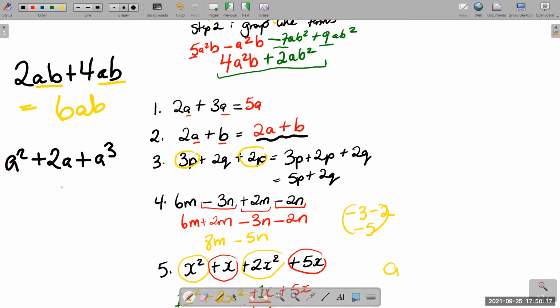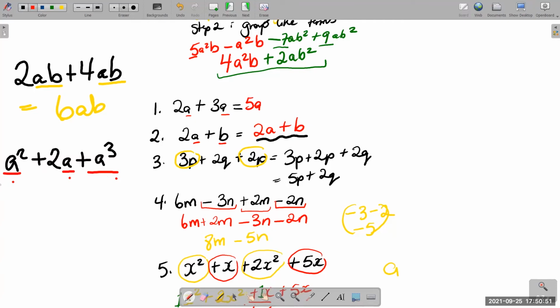T, what you think? You cannot add these terms. You know why? Even though the core variable is A, all of these is different because this is what? A to the second. This is just A, and this is A to the third. All of these is 3 different variables, so I cannot add them. Okay, I cannot add them.